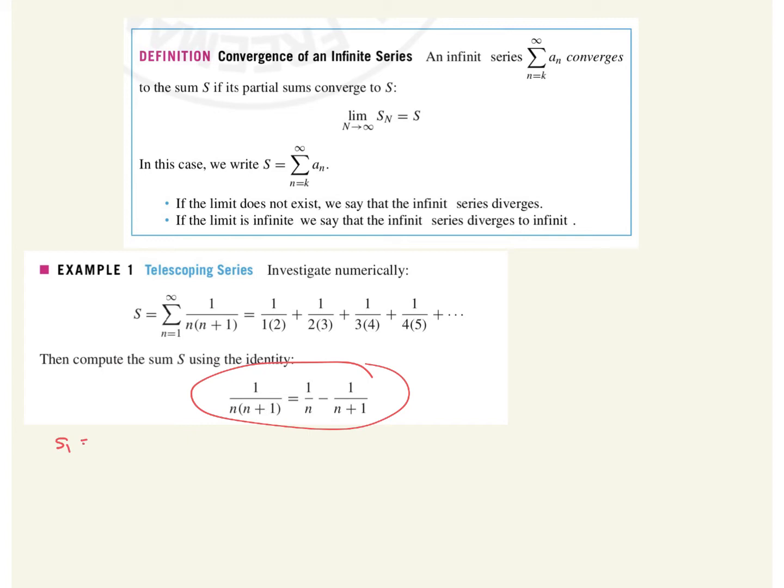right, the sum of the first term, can be found by doing 1 over 1 minus 1 over 2, which is equal to a half.